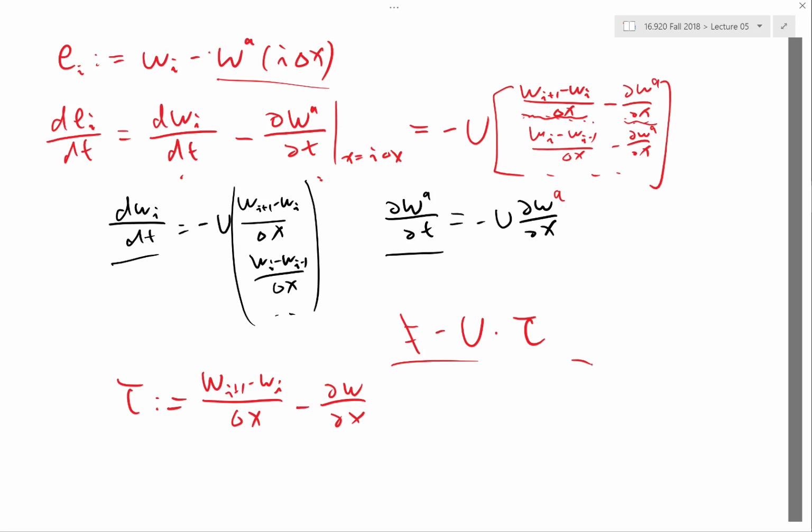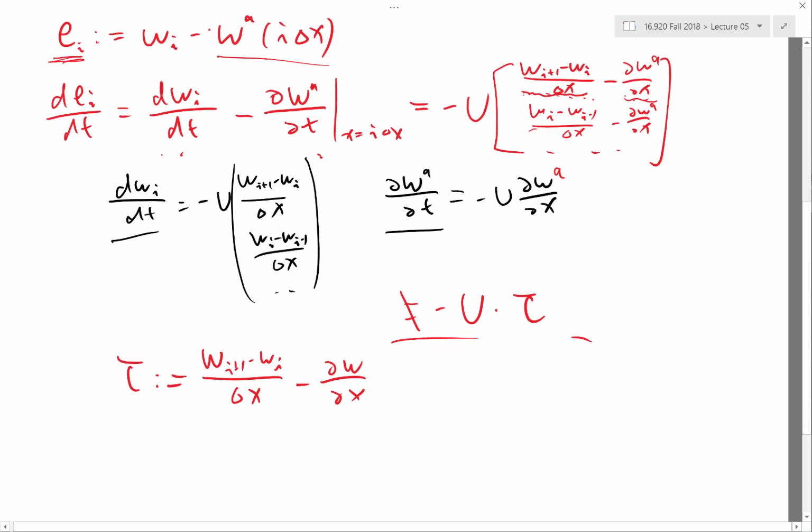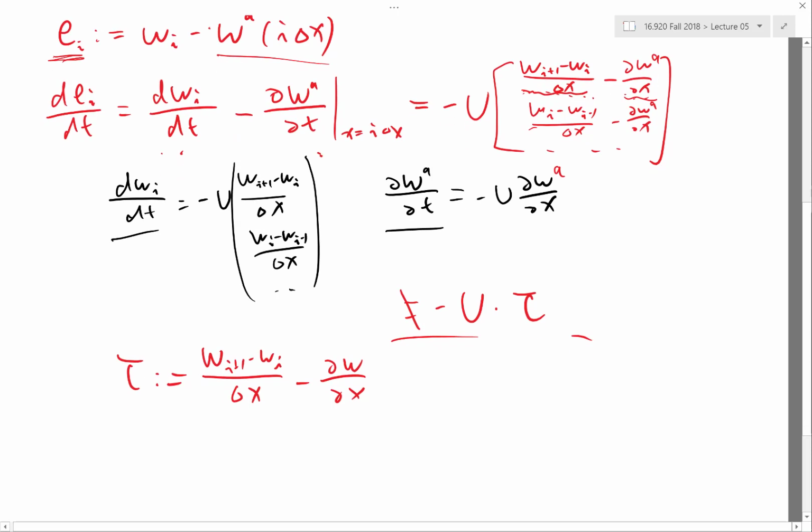Yes? Well, the way we fix this is that we know E is the difference between the numerical and analytical solutions. So instead of just going directly to here, we actually use E itself.